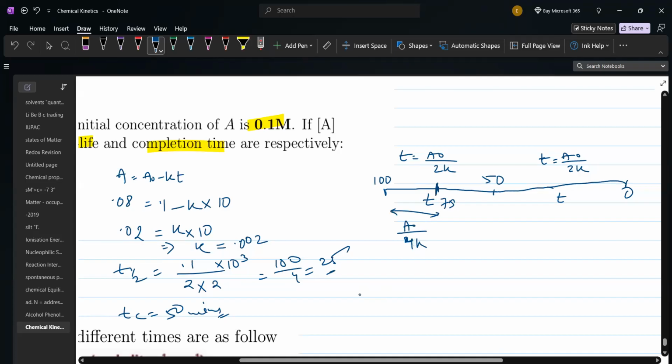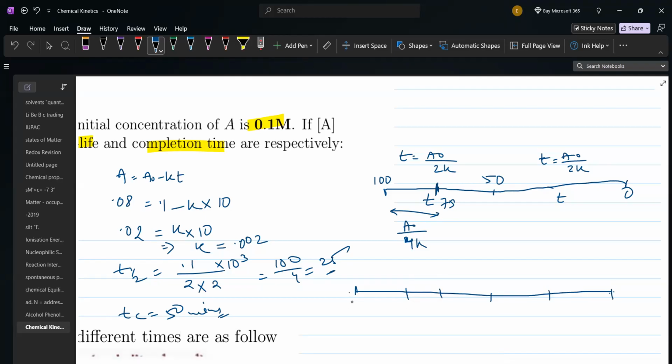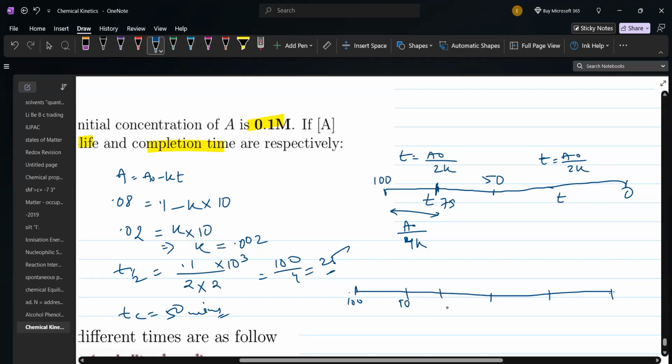Like for example, there is another example. If we draw this, these are equal intervals. So this is 100, this is 90, this is 80, this is 70, this is 60, and this is 50.